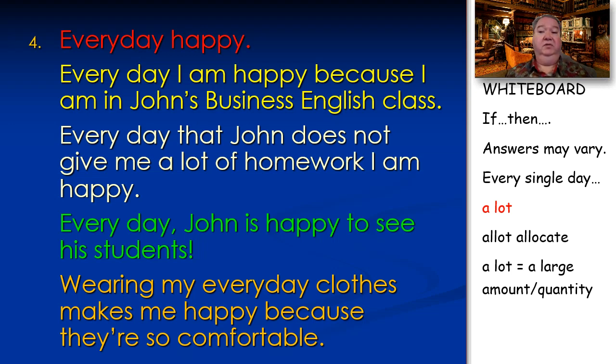If I have to go to someplace where I need to dress more professionally, then I would wear slacks and a nice shirt and real shoes. Those are not my everyday clothes. My everyday clothes, that's when I'm at home, I'm just doing my normal everyday routine. Okay? So we can talk about everyday clothes, your everyday schedule, your everyday activities. Those are things you do on a normal, regular basis.